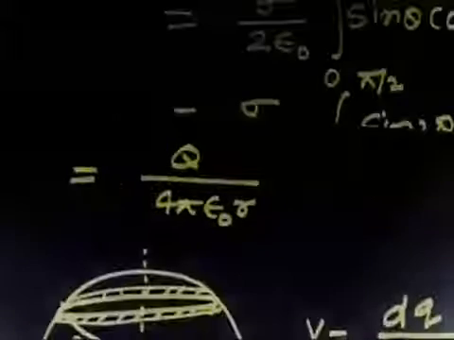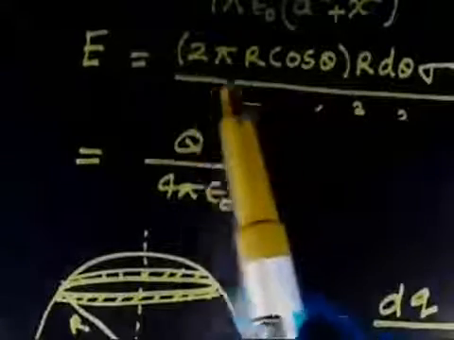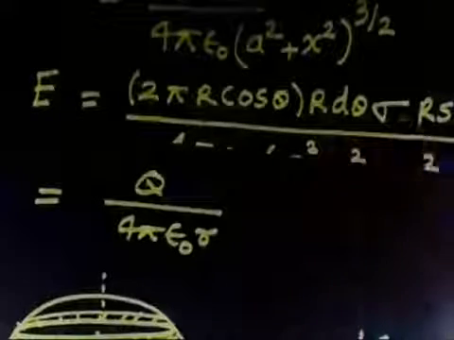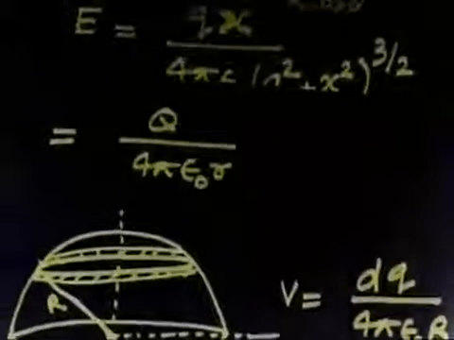And now dq I already know, we have already calculated dq. So you can check your copy. So this is 2 pi r cos theta into r d theta into sigma, that is dq. Are you getting or not? So let me write dq.